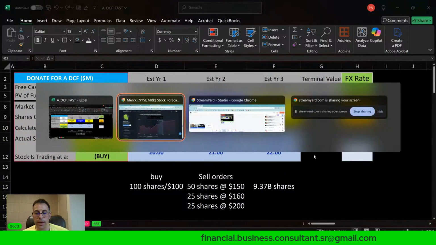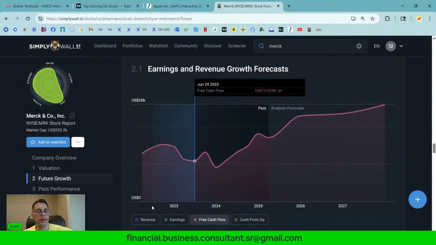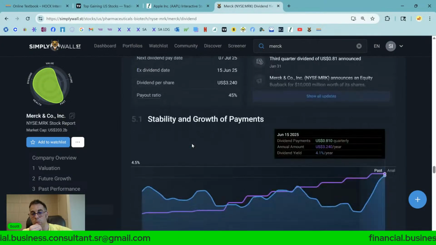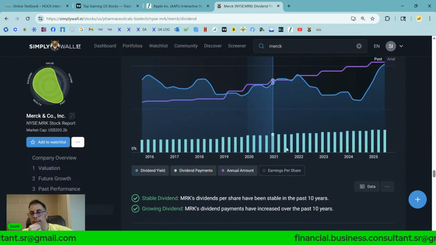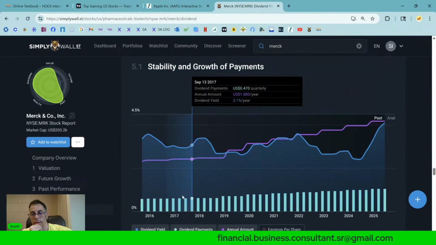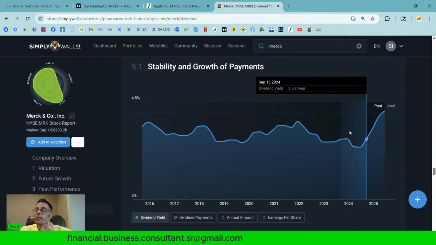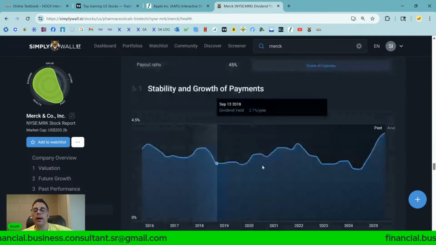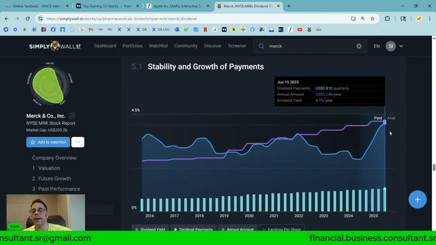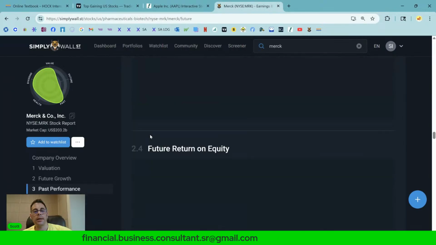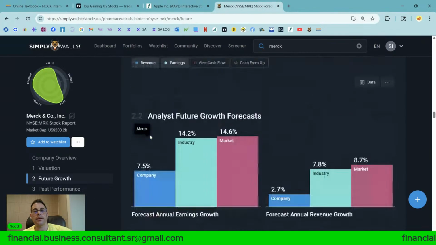So it seems like a pretty good value, right? And you get a dividend. You get a 4% dividend. And they always raise their dividend. So it's kind of high. I guess the stock price has been coming down the past few months. That's the only reason the dividend got so high.